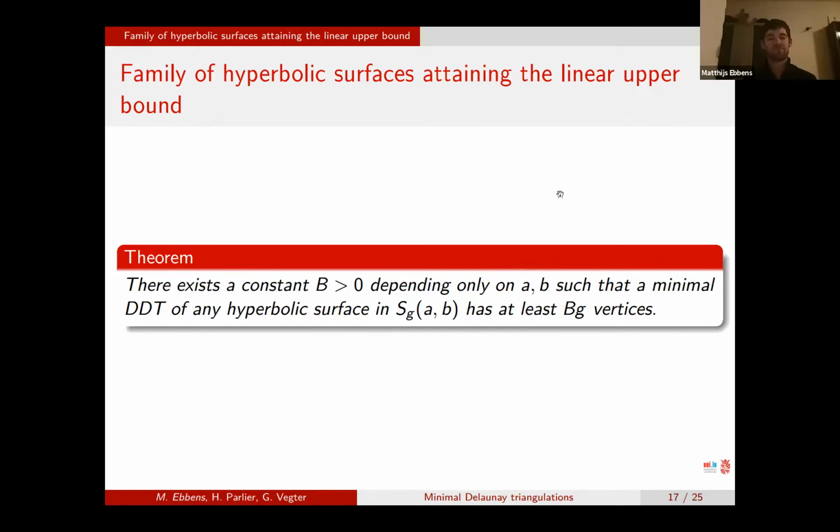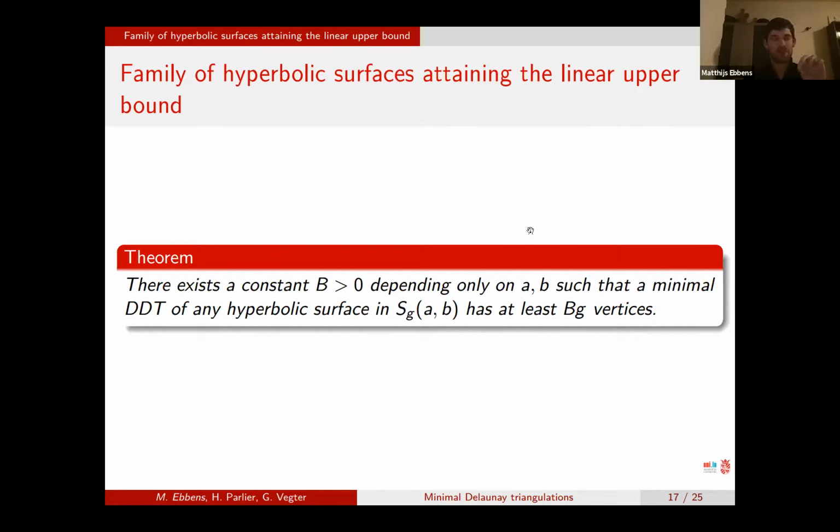How to say this? The problem is when your genus goes off to infinity, your surfaces might grow small.